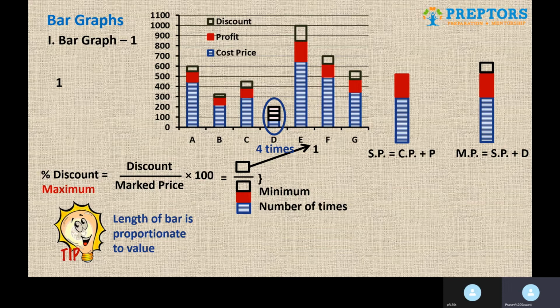And if you observe, for rest all, the denominator is more than 4. Hence, D will become the answer because it will be 1 part upon 4 parts. So 1 by 4 is 25% and rest all the values are greater than 4.